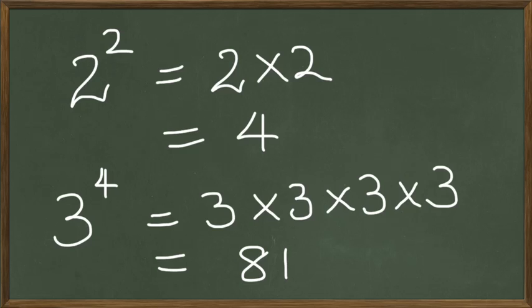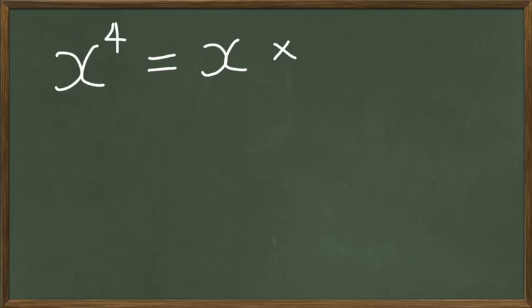Likewise, it's no different if you have x to the power of 4. This could be written as x multiplied by x multiplied by x multiplied by another x. It's just another short form of writing it. We just write it x to the power of 4.